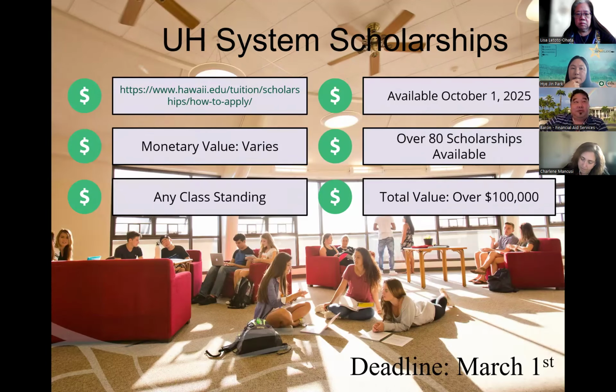Then there's the UH System Scholarship. This one also passed, it was March 1st. This one is with all the campuses, so there's more competition, I guess, for these scholarships because it's not only Manoa students, but also everyone else from all the other UH campuses.